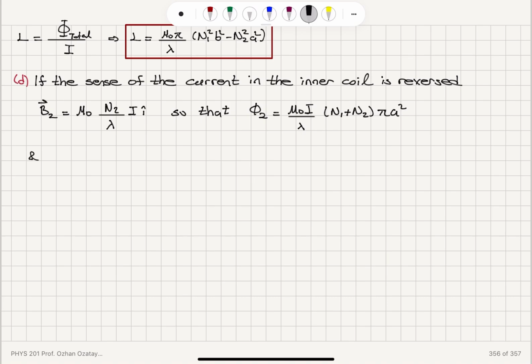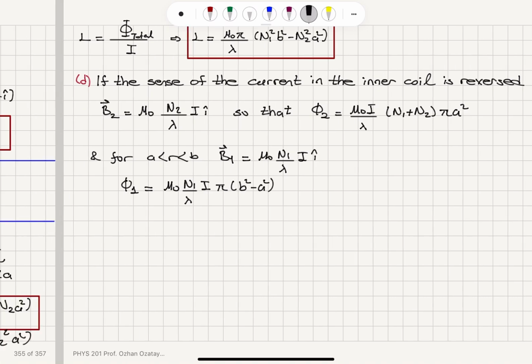And for r between a and b, we would have still the same magnetic field B1, which is mu0 n1 over lambda I in i hat direction. The flux through each coil of the outer solenoid would be then mu0 n1 divided by lambda I, the magnetic field in the region between a and b, multiplied by the area.